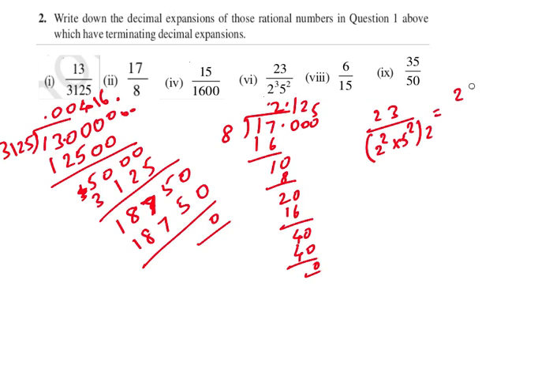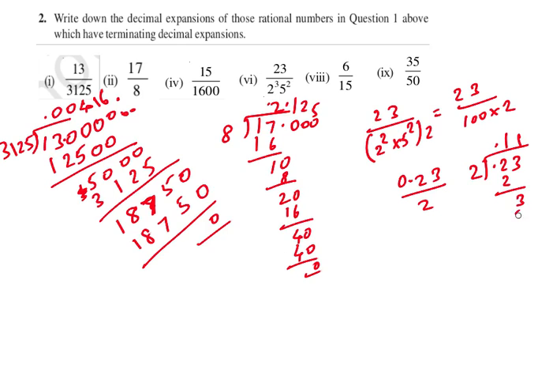Because we can write this as 23 by 2 5s are 10. So 10 square, which is 100. If we divide by 100, we need to keep 2 decimal places. So 0.23, and that we have to divide by 2. So we divide 0.23 by 2. The point is already there, so we'll keep the point, and 1 2 is 2, will bring 3 down. 1 2 is 2, will bring 1. Already the decimal point is there. After this, how many zeros can be added? We'll bring 1 0. It will come 5. 5 2s are 10. So it is 0.115. Like this, you divide and see all those problems.